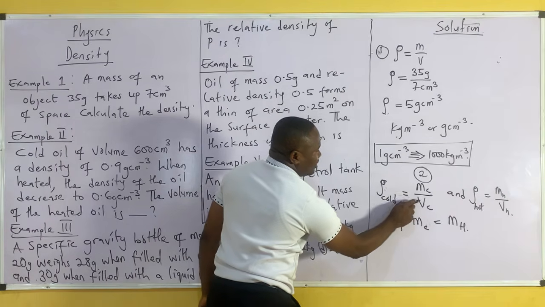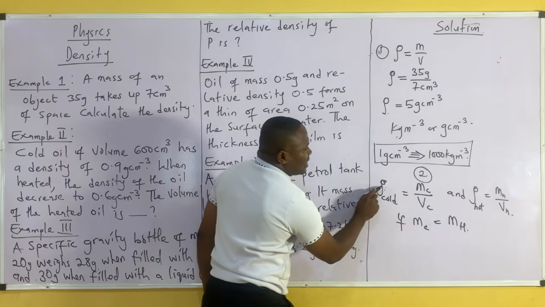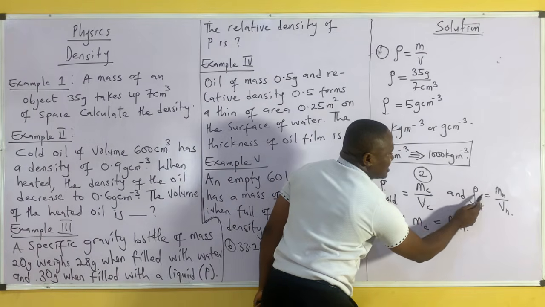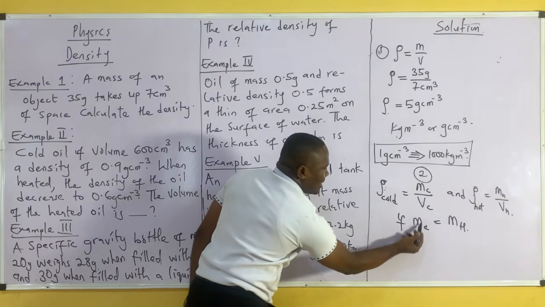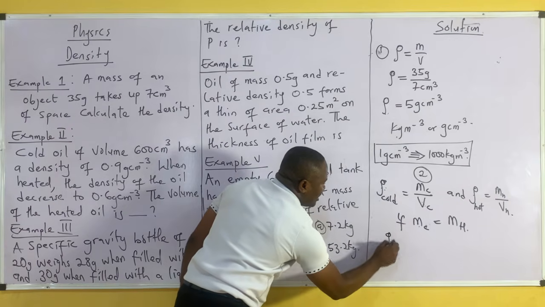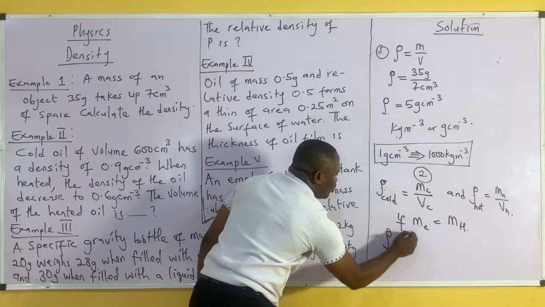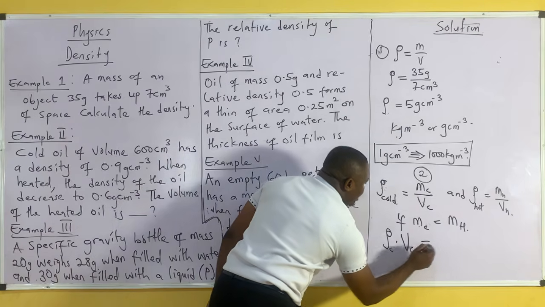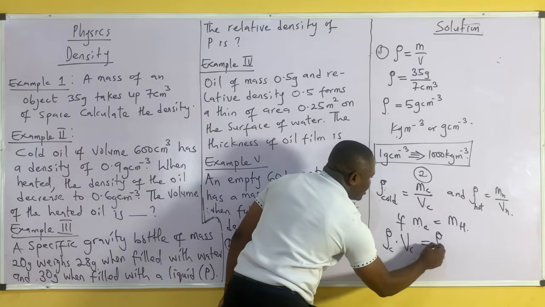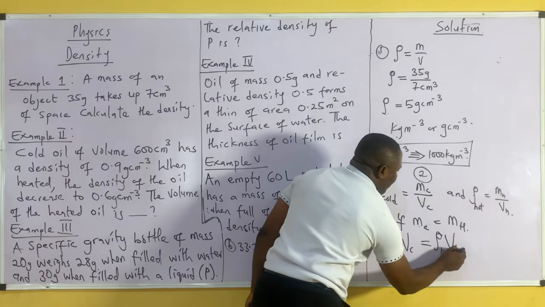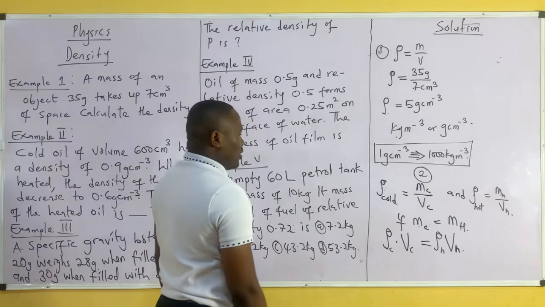Now, you know mass is equal to density times volume. So the mass of cold oil, density of cold oil times volume of cold oil, is equal to density of hot oil times the volume of the hot oil. So that becomes the way we solve the question.